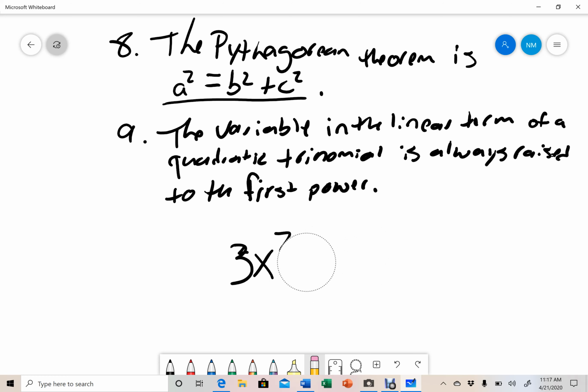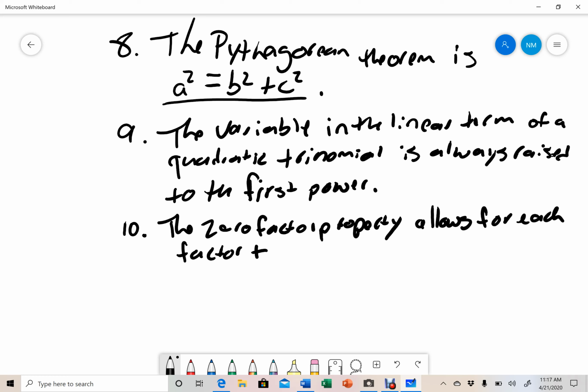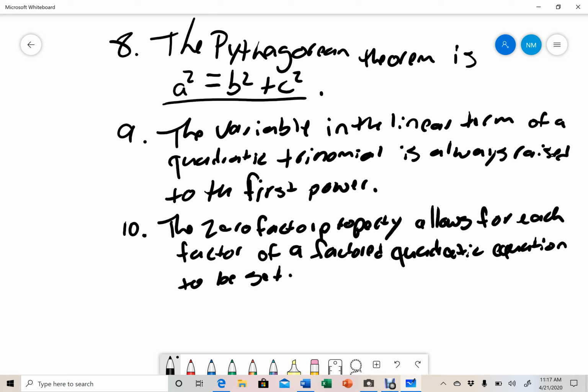Okay, number 10. The zero factor property allows for each factor of a factored quadratic equation to be set equal to 0.